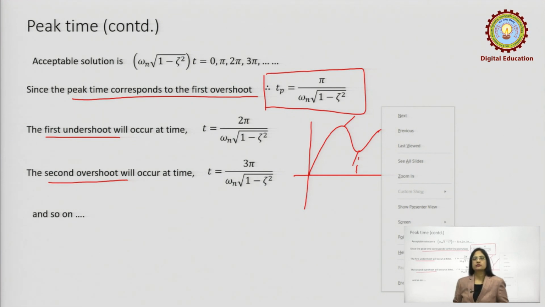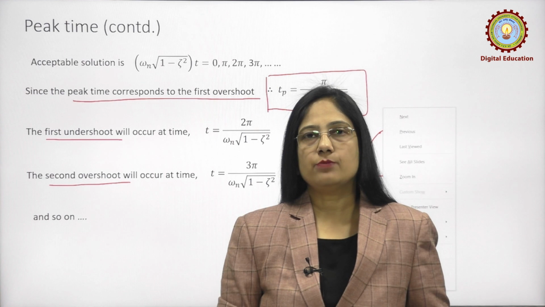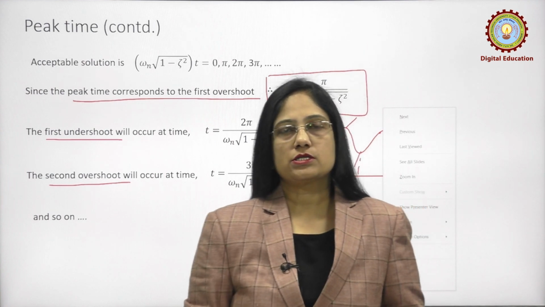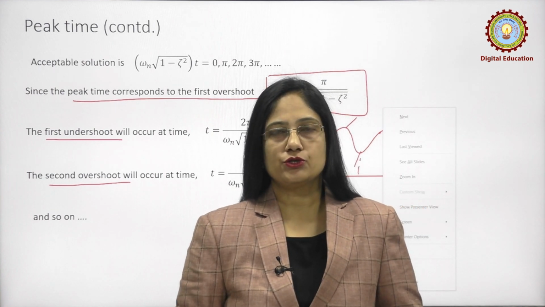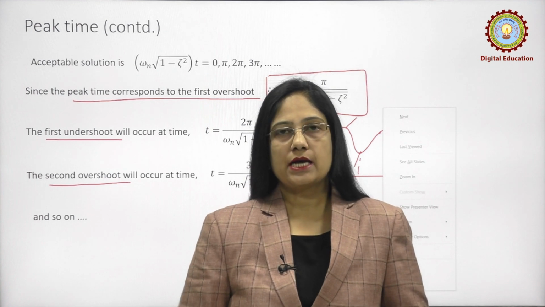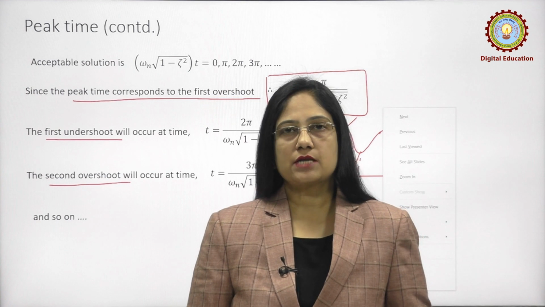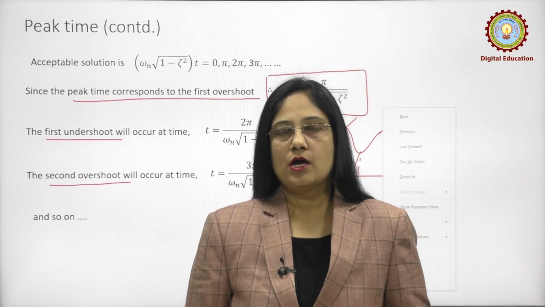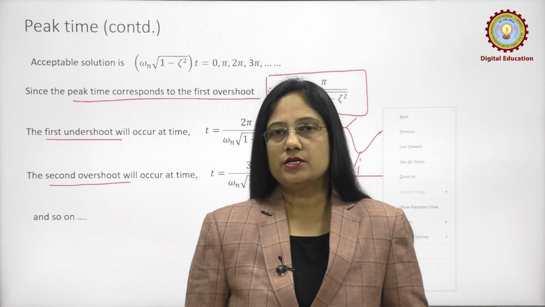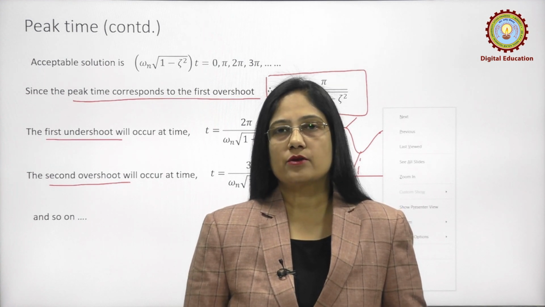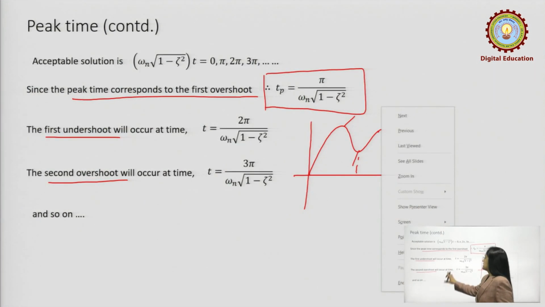We can calculate at what time the response curve reaches the first peak overshoot, because we are talking about the peak time. Peak time is obtained when the response curve reaches its maximum value for the first time, and that is denoted as Tp, and the remaining undershoots and overshoots can also be calculated by using this relation.